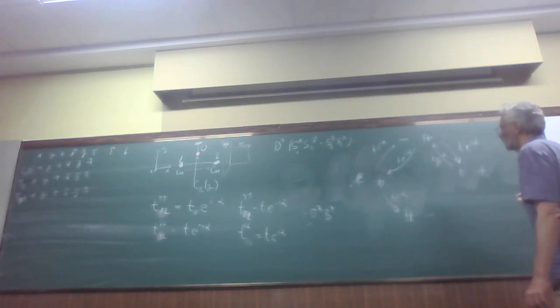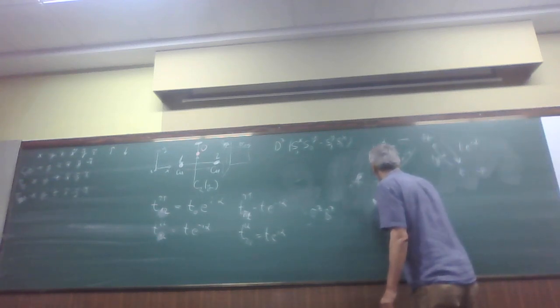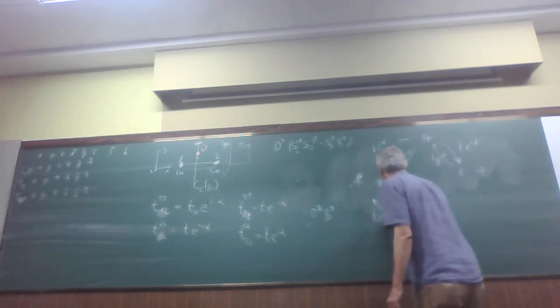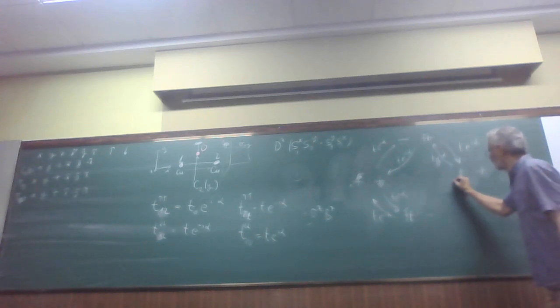Is this correct? Yes. So down hops from 2 to 1. Okay, I hope, and then we have e to the minus i alpha here.